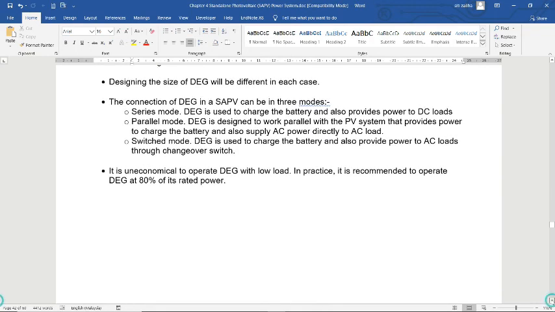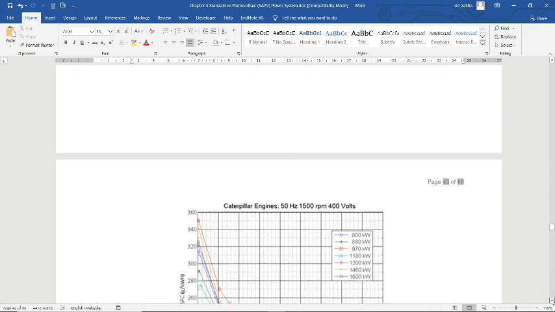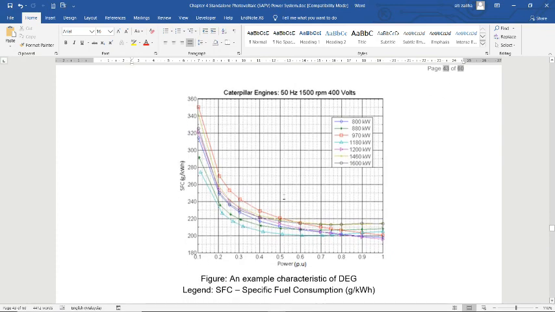So let's see this example. This example is for a Caterpillar engine, 50 Hz, 1500 RPM, 400 volts. This is the specific fuel consumption. Let's take one example. The red color is the 970 kilowatt engine.